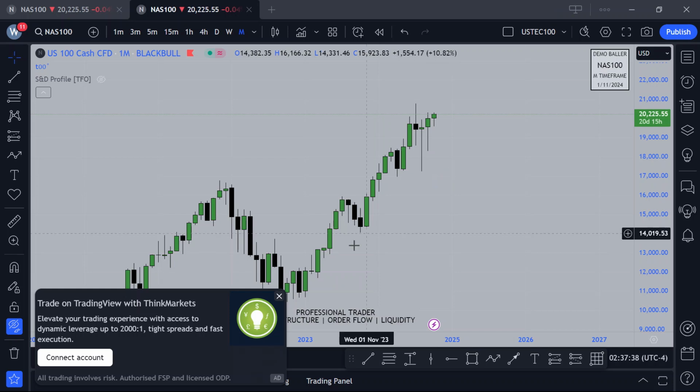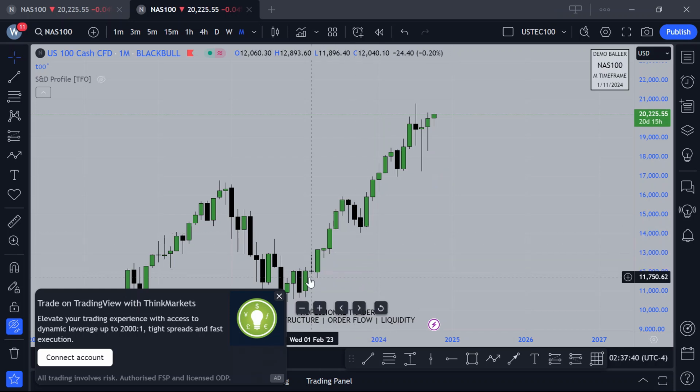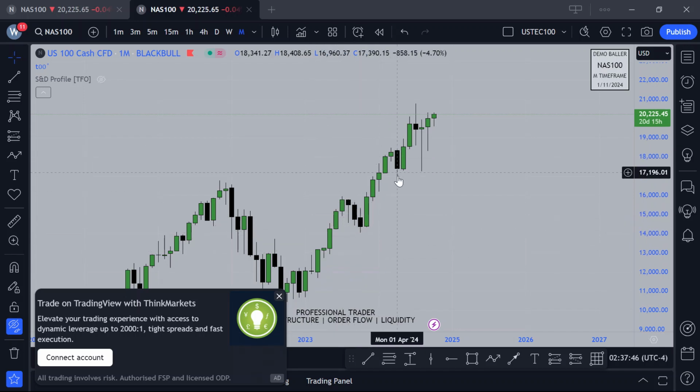Okay, so as we can see here, if we dive straight into it, the market has been making higher highs, higher lows, higher highs, higher lows, higher highs, higher lows. If we look at this example, one thing I should say is that liquidity rests above old highs and below old lows.